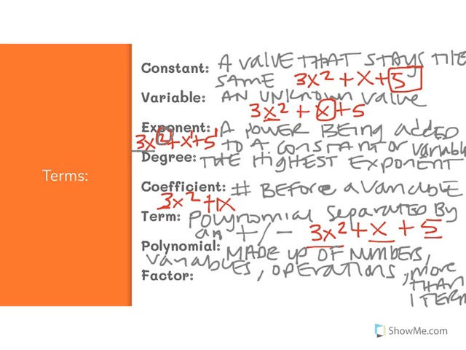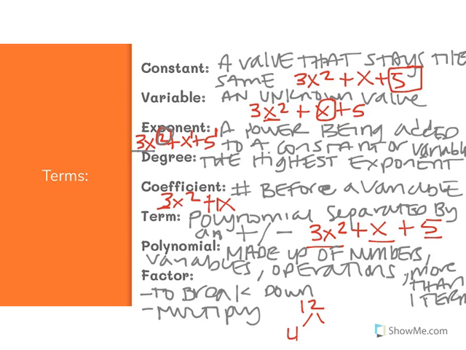And then factor is our last one. So to factor means to actually break down. And so we learned back in elementary school, you can also multiply. We're going to be multiplying. Back in elementary school, we were taught, okay, if we have the number 12, what are all of the factors of 12?